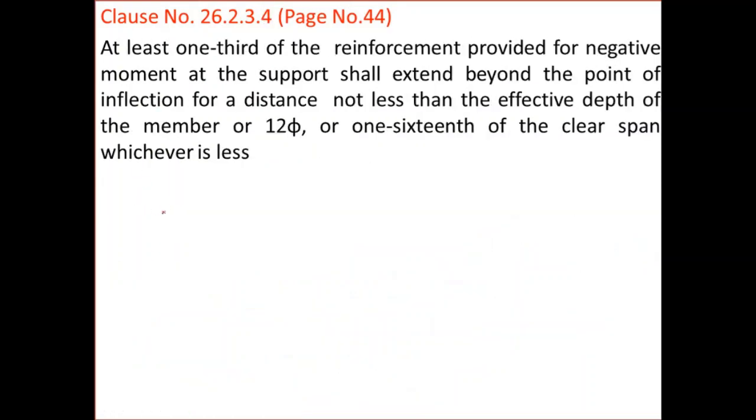So now if you consider the fixed beam, suppose, then in the fixed beam, the bending moment diagram will be like this. So here at the support, bending moment will be negative in nature. Let us say UDL is here.